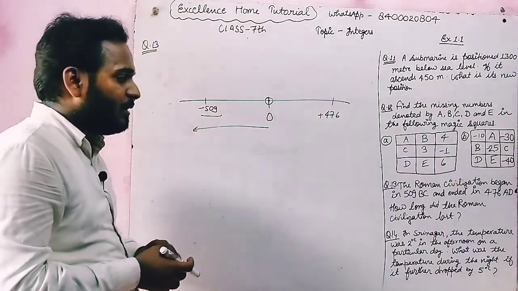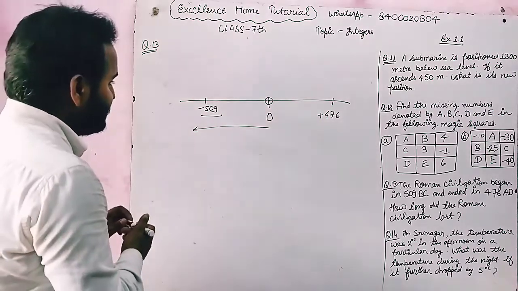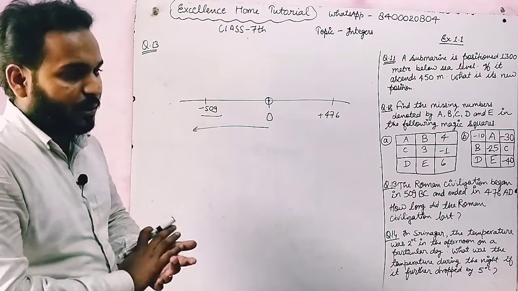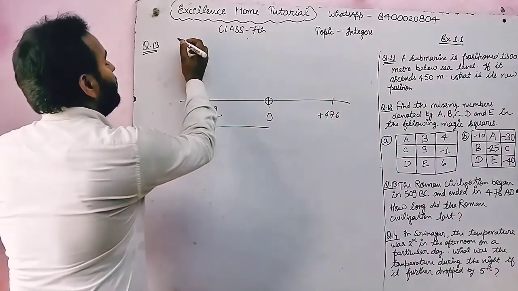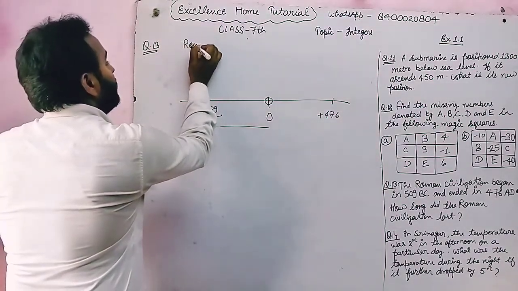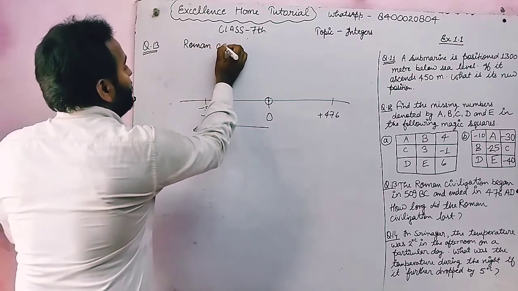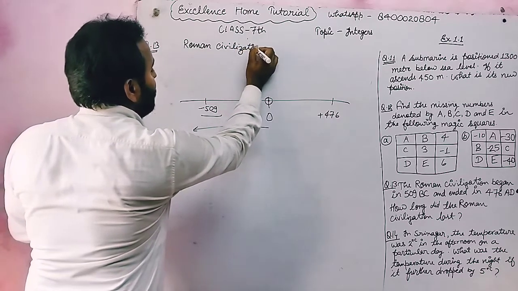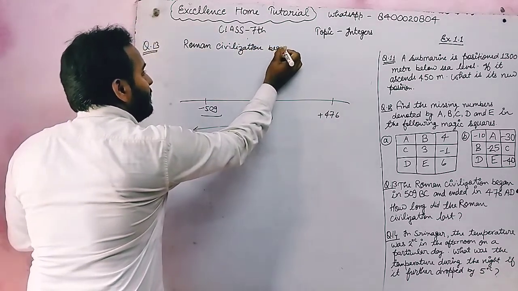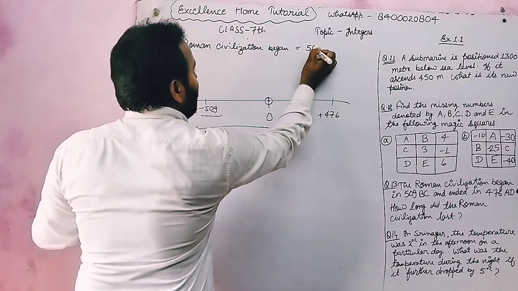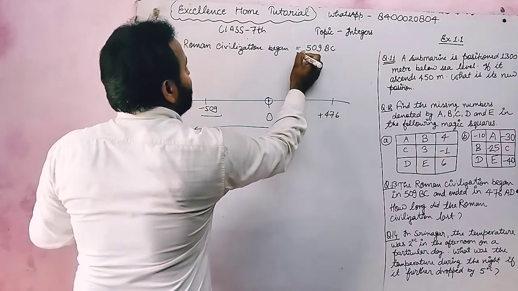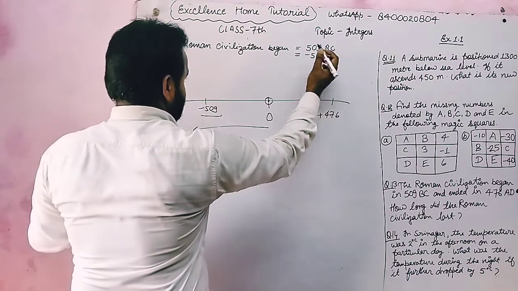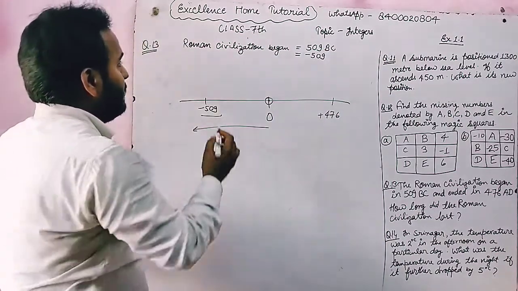How long did the Roman civilization last? That means you have to find out the total time of the Roman civilization. So the Roman civilization began equal to 509 BC, that is minus 509 in the integer form.